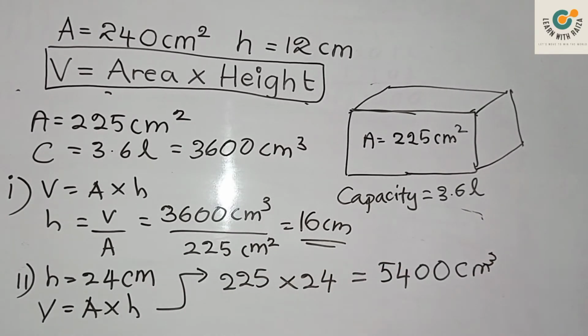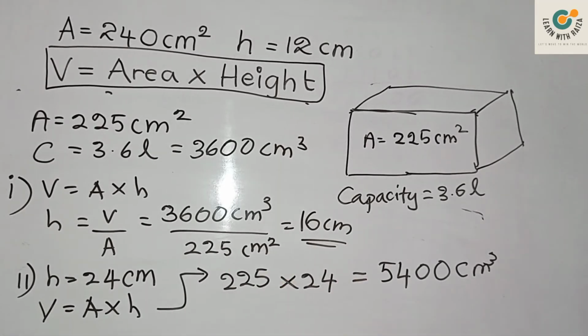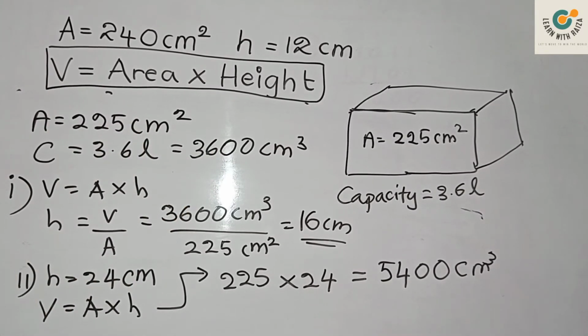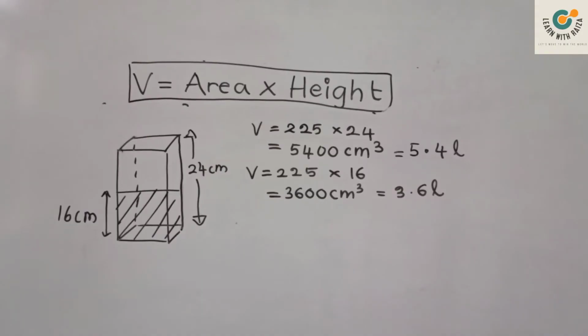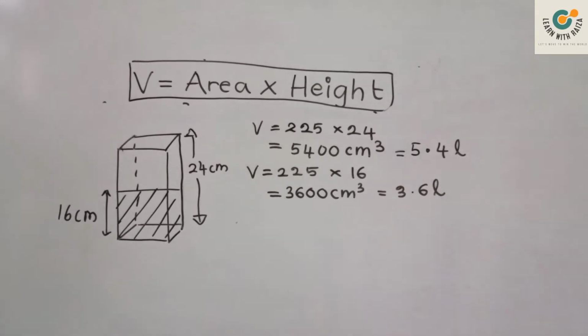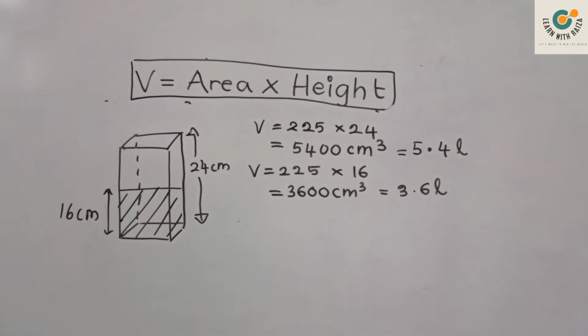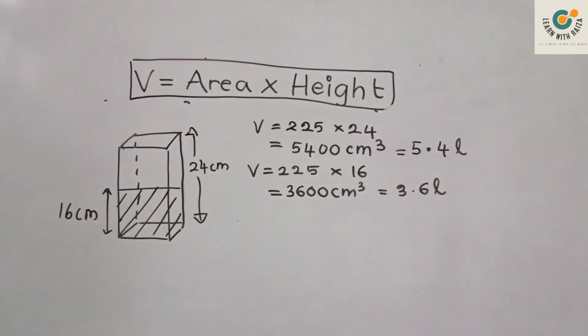Now we have to show that 3600, the water filled, is 2/3 of 5400, the capacity. We found that 5400 cubic centimeters is the possible capacity of the container, but the container has been filled only with 3600 cubic centimeters.